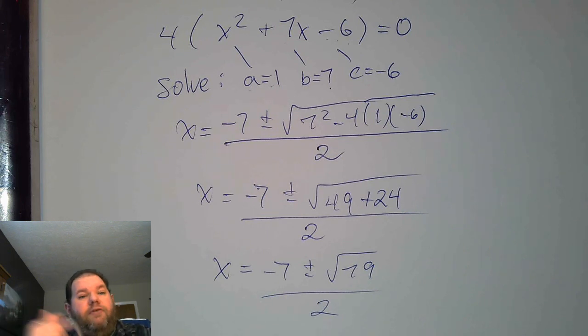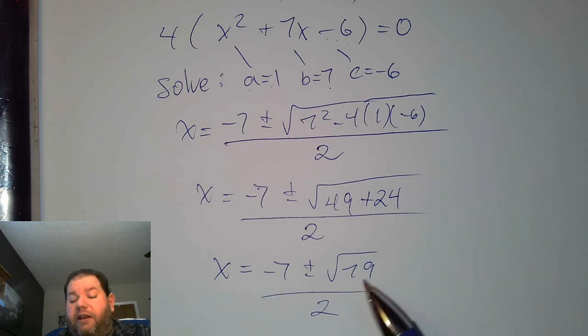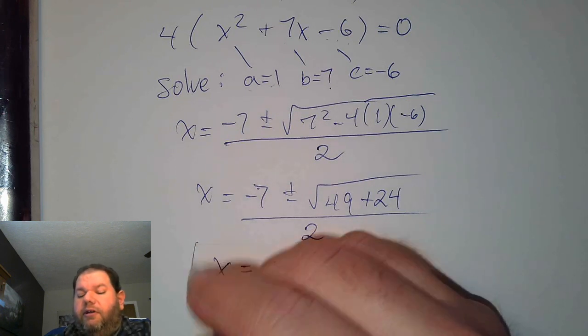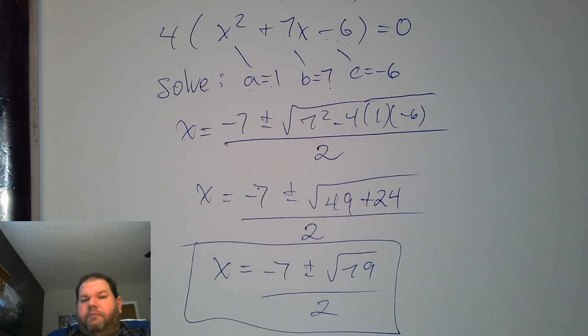And the end result here is that we cannot separate this square root any further. We can't simplify it at all. Therefore, we can't simplify what's around it. So that's our answer right there.